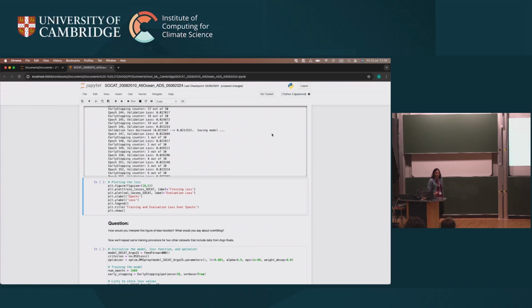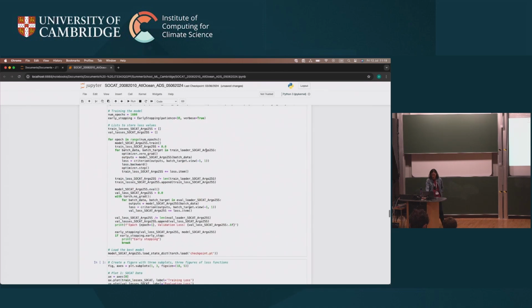You can also change your optimizer here. We use RMSprop, so you can try different activation functions. The choice for this model was, as I said, based on some empirical tests.